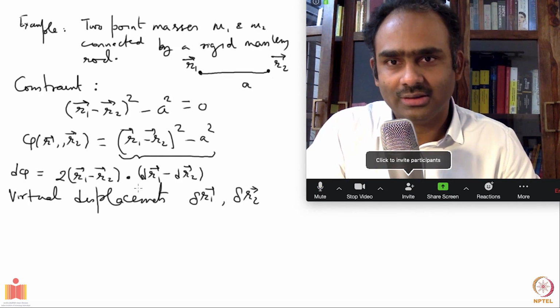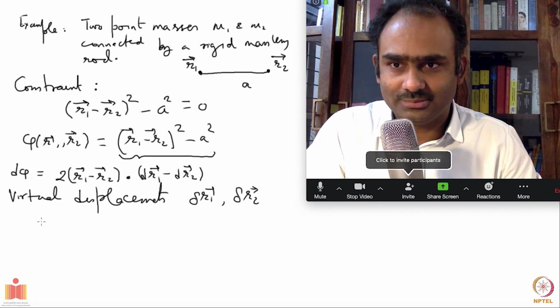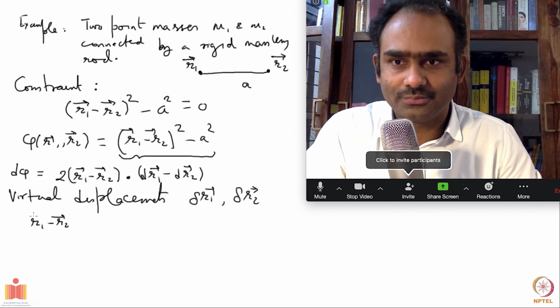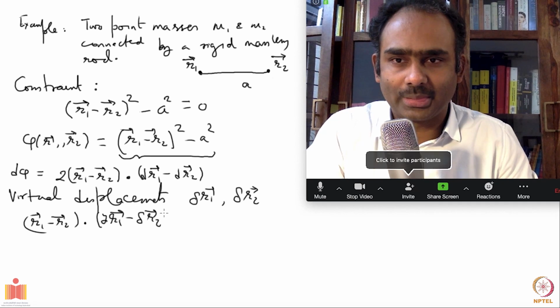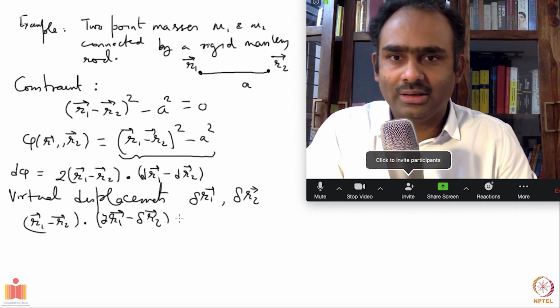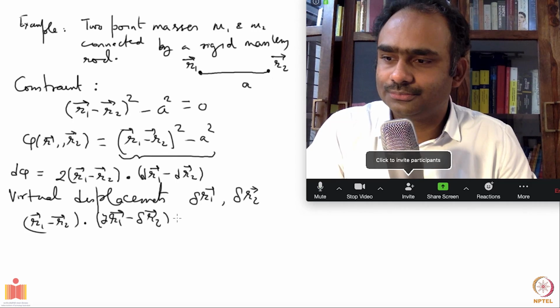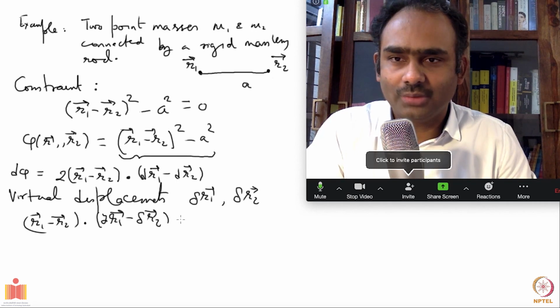So this becomes (R1 minus R2) dot with (delta R1 minus delta R2), and this is what you should have as equal to 0.